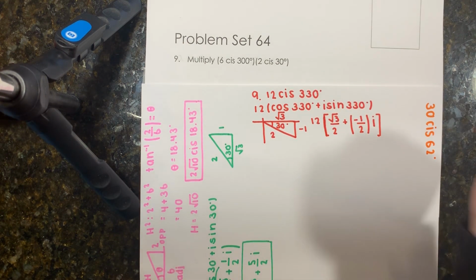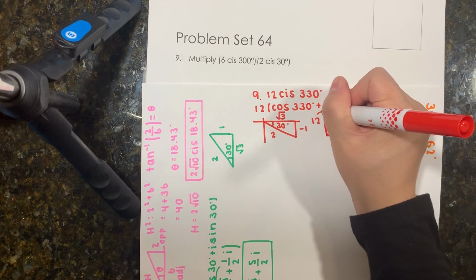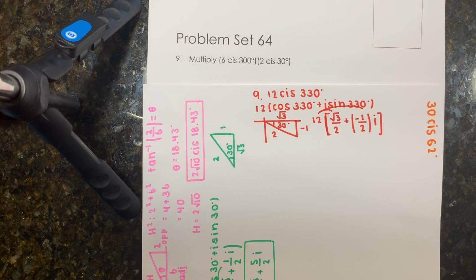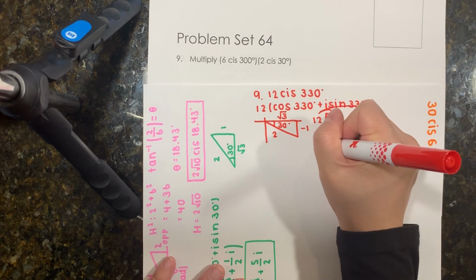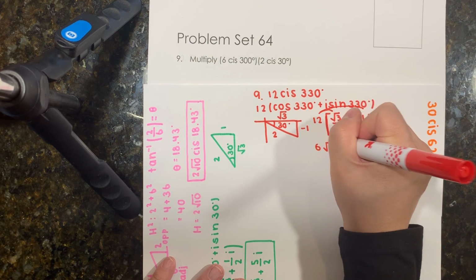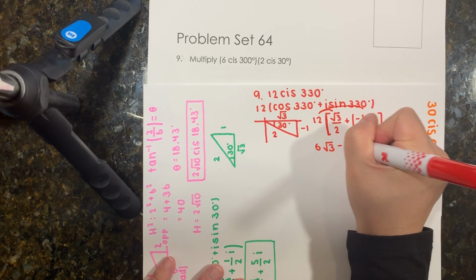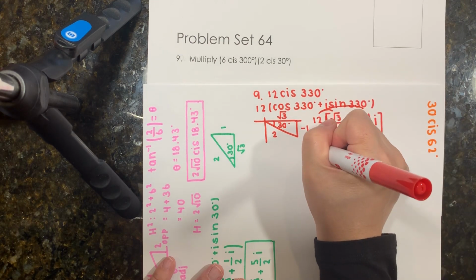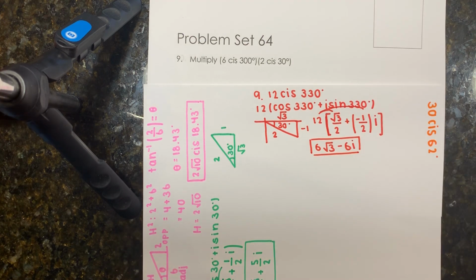And then, now that I've evaluated cosine and sine of 330, I'm going to distribute my 12, and that would simplify. So 12 times root 3 over 2 would simplify to 6 root 3. And then 12 divided by 2 would be 6, but it would be -6 because of that minus sign. And that would be your result.